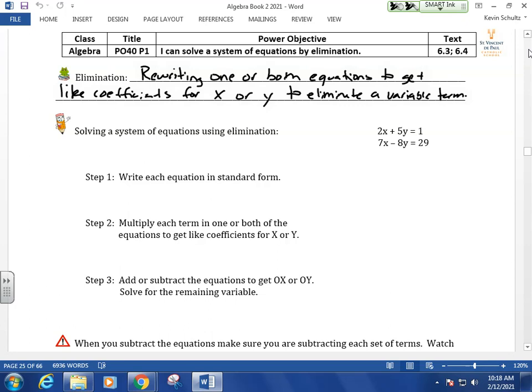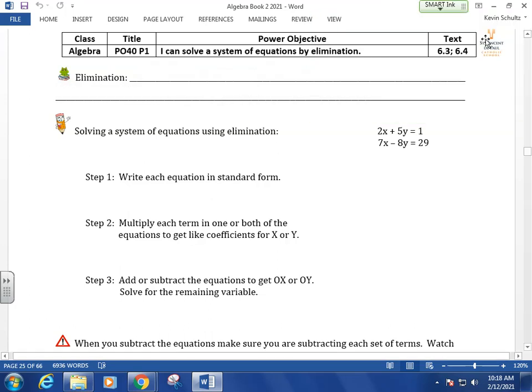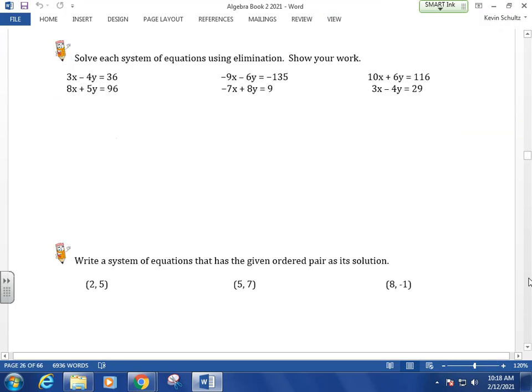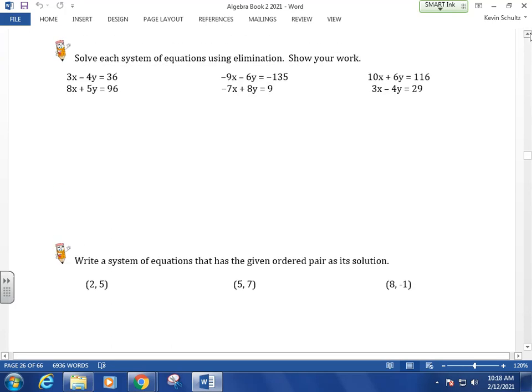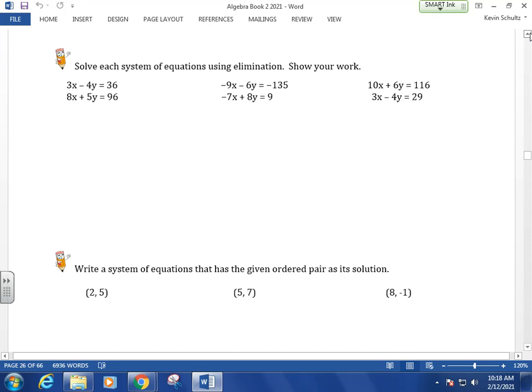I was anticipating more questions, but is it making sense? I mean, at least, okay. What I'd like you to do for Tuesday is just pick a hard one.